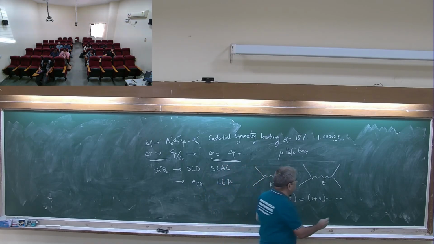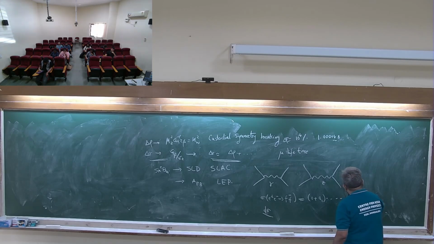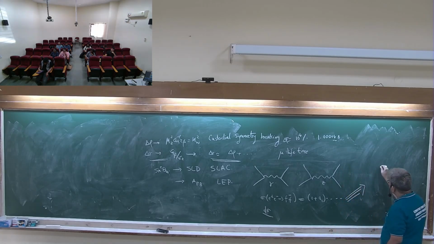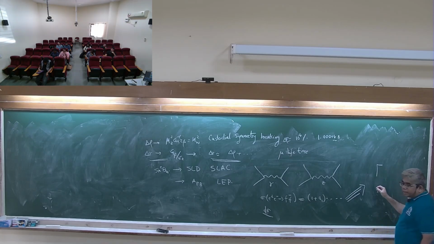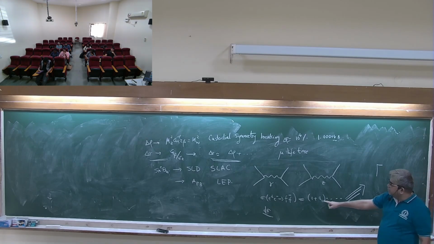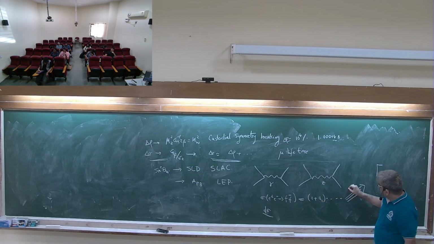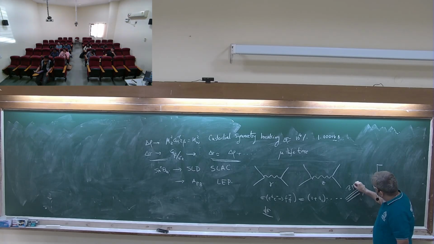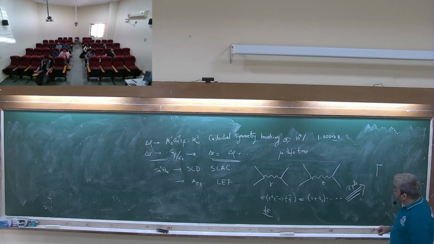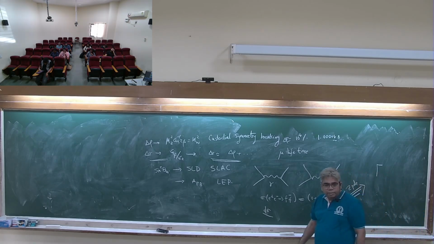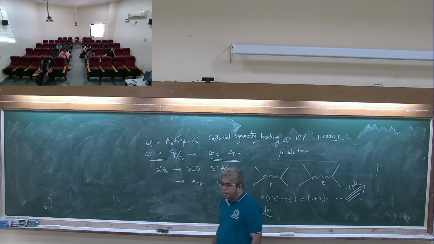This cross section you can simplify in terms of partial widths essentially. You can look at the Z pole, where this formula becomes very simple, and then we have written some master formula at the Z pole.